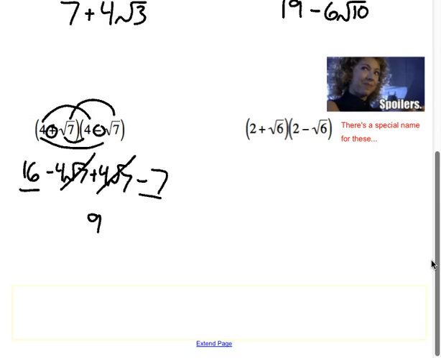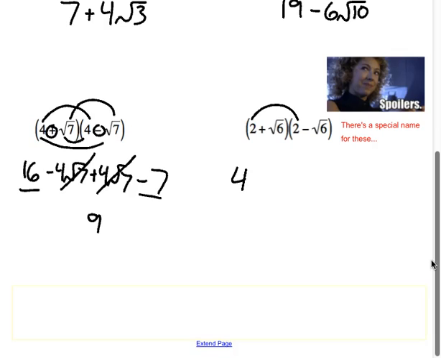So remember we had a special word for that, and I'm going to get to that special word in just a moment. But when you have exactly the same thing, just differing by a sign, you're always going to be getting a whole number because those insides are always going to cancel.